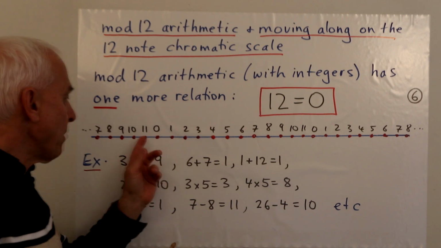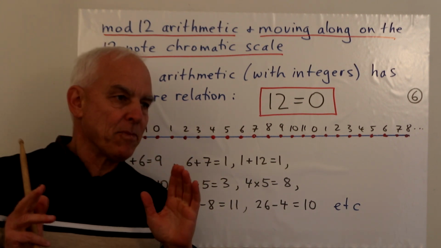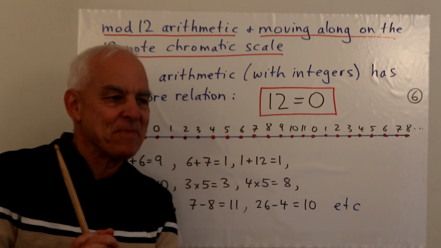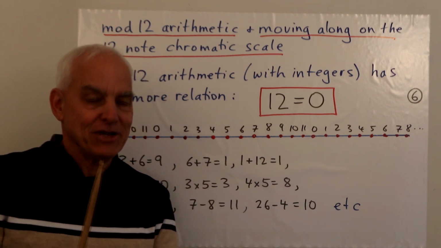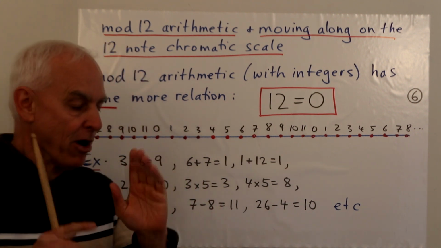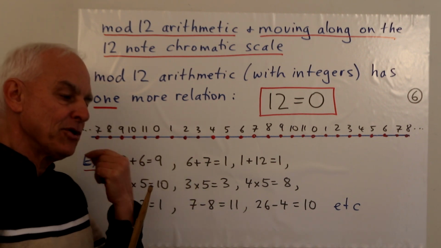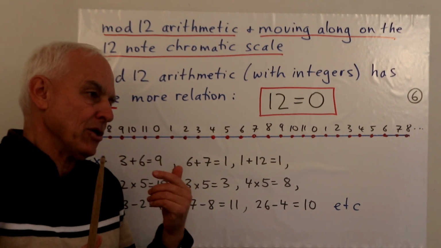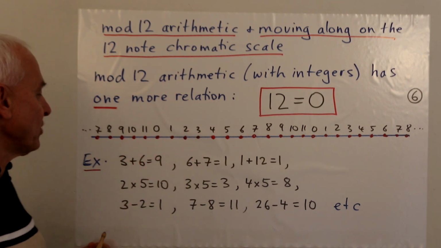You don't get to -1. That's a very important and interesting point that will have all kinds of consequences for us later. So if this is your 0 and you're going left, you don't get -1, or, well, you do, but that -1 is really the same as 11. -2 is the same as 10.